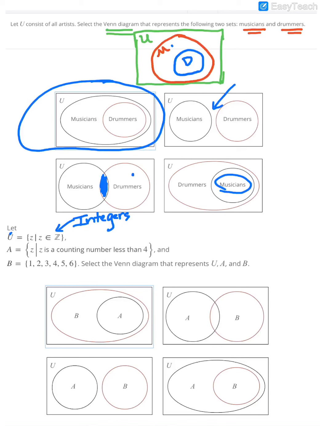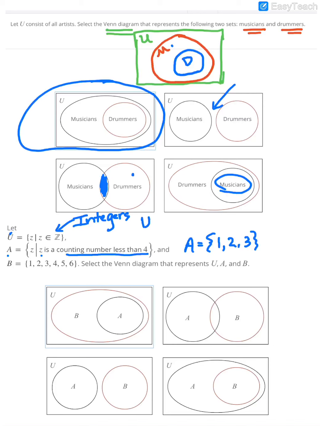All right, also notice set A is equal to the set of Z such that Z is a counting number less than 4. With this particular set, your counting numbers are 1, 2, 3, 4, and so on. But if we say specifically less than 4, then that would be 1, 2, and 3.